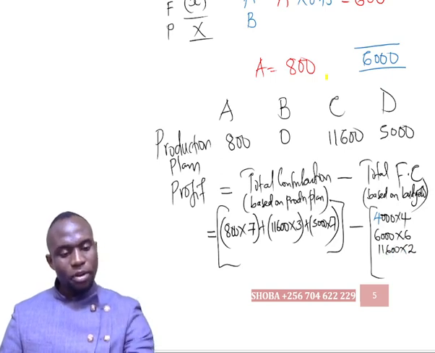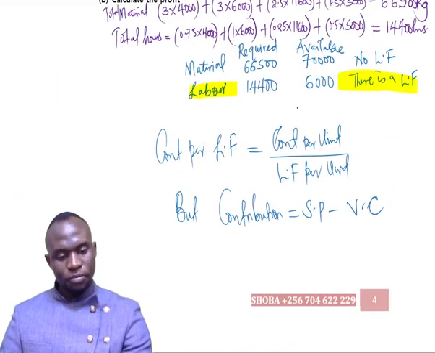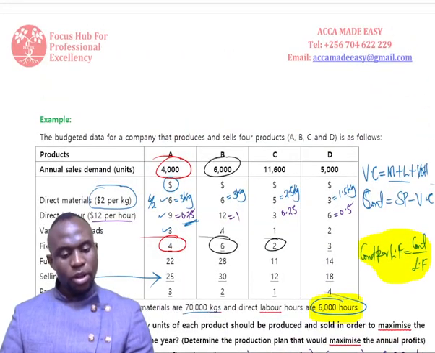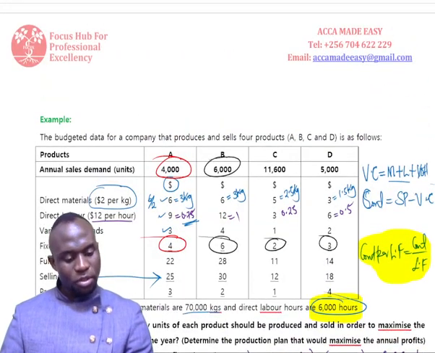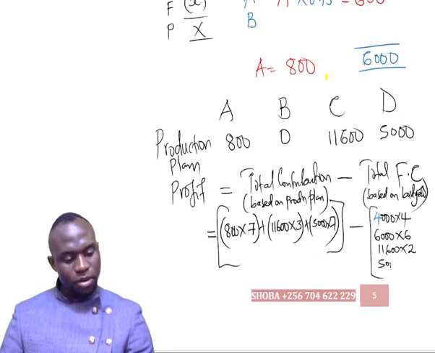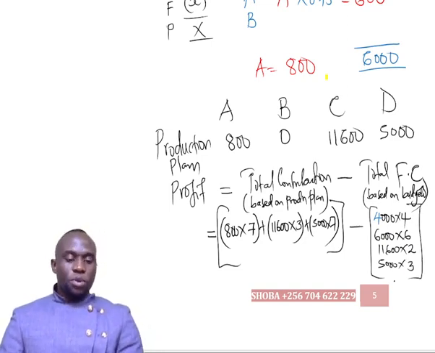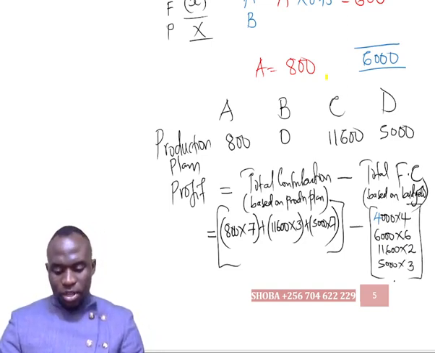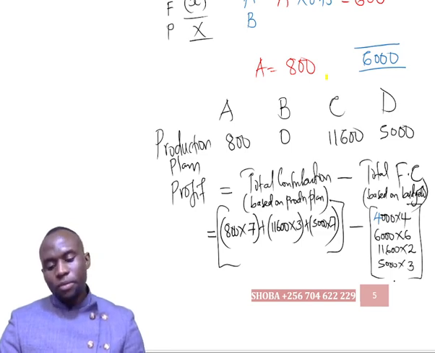And finally, product D. So product D, 5,000 units times 3. So we work out this. So it is 800 times 7 plus 11,600 times 3 plus 5,000 times 7.